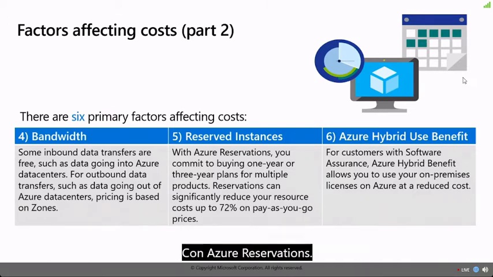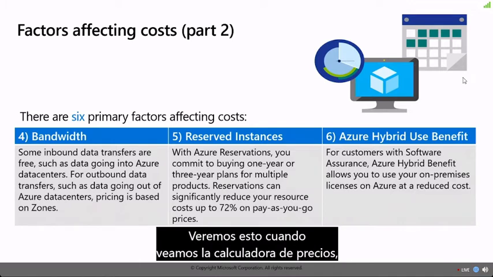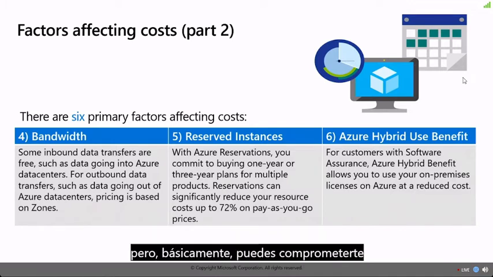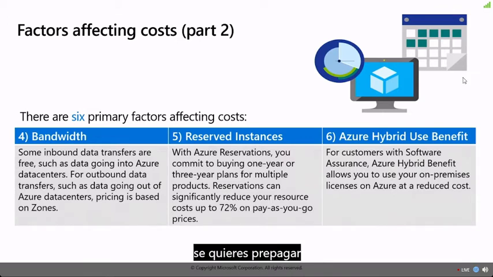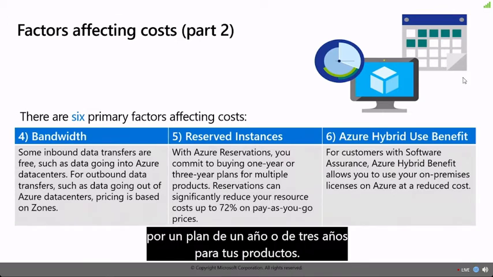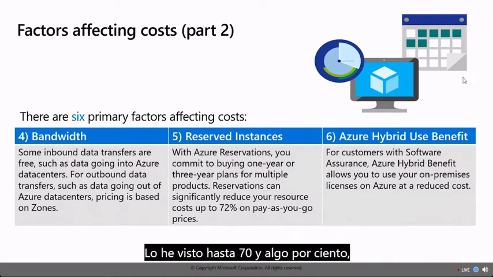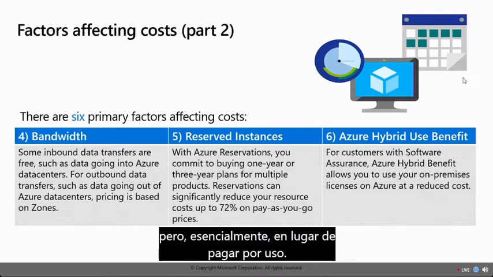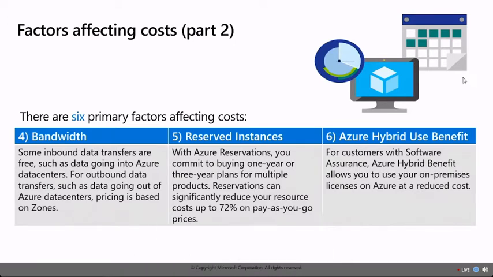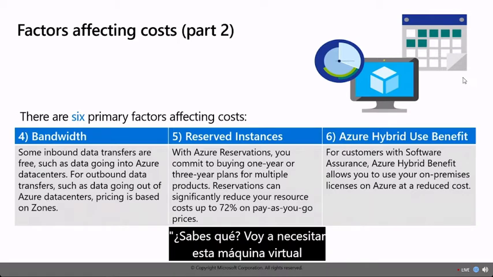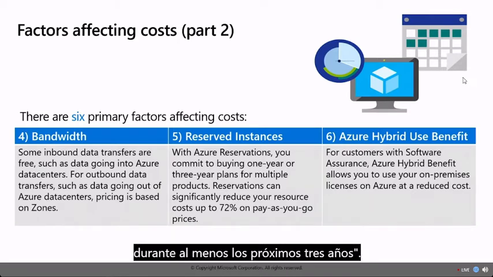Some of the ways that you can save money, first is with your reserved instances. With Azure reservations, we'll take a look at this when we go to the pricing calculator, but essentially you can commit to, basically prepay for, a 1-year or a 3-year plan for your products. And essentially this can have a massive savings. I've seen it up to like 70 something percent. Instead of doing pay as you go, you say, you know what, I'm going to need this virtual machine for at least the next 3 years.